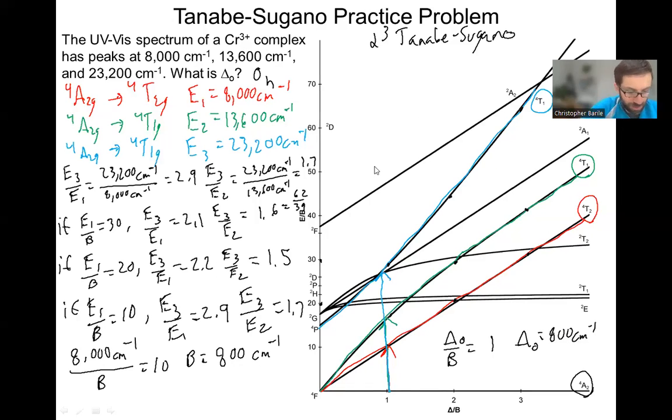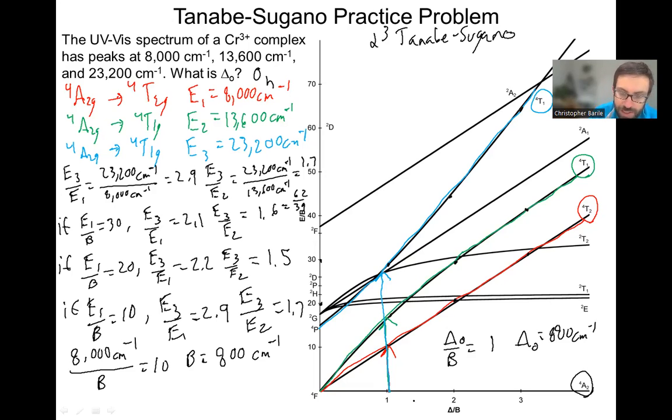So there is something to be careful about here, and it's what type of Tanabe-Sugano diagram you're pulling up and what the units are down here. Actually, what we did here is going to be wrong in terms of our delta O. Our delta O is actually 10 times higher than this. It's going to be 8,000.